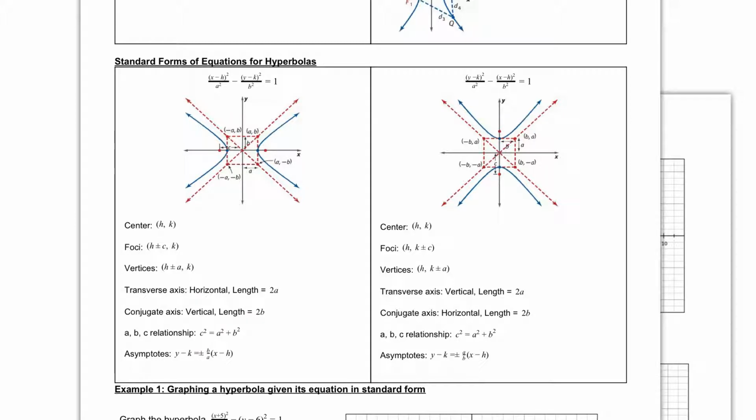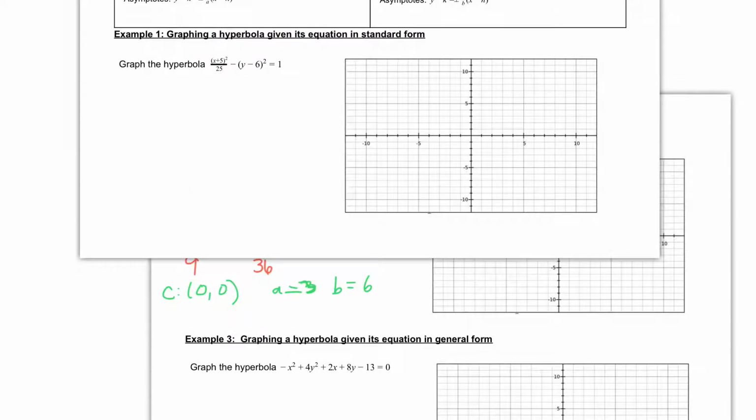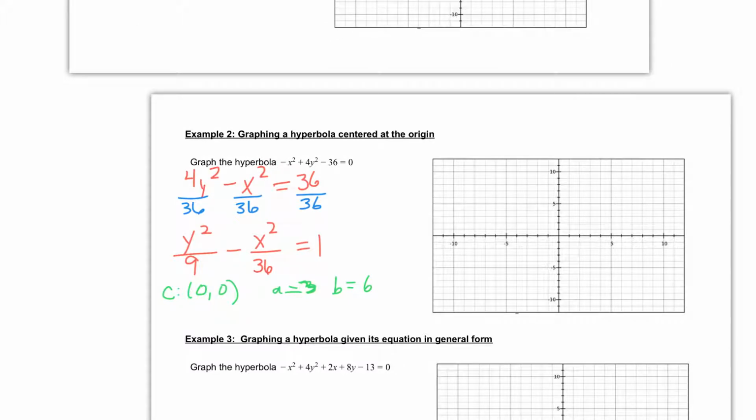So looking at my transverse axis, I know it has to be my vertical in this case. And it's a length of 2 times a, which would be 6. And my conjugate axis is going to be horizontal this time, and it's a length of 2 times b, or in this case, a length of 12.